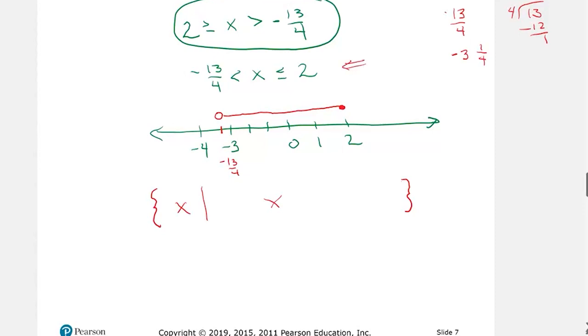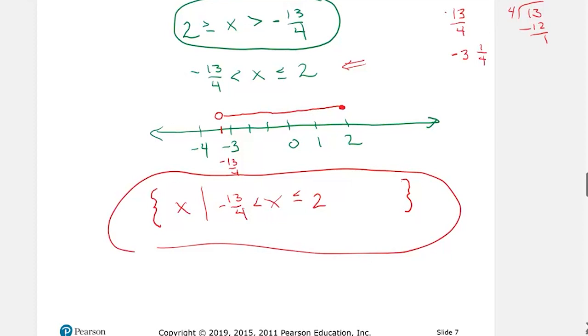So x is greater than -13/4 and also less than or equal to 2. And that would be my set builder notation. Okay, so hopefully that is clear.